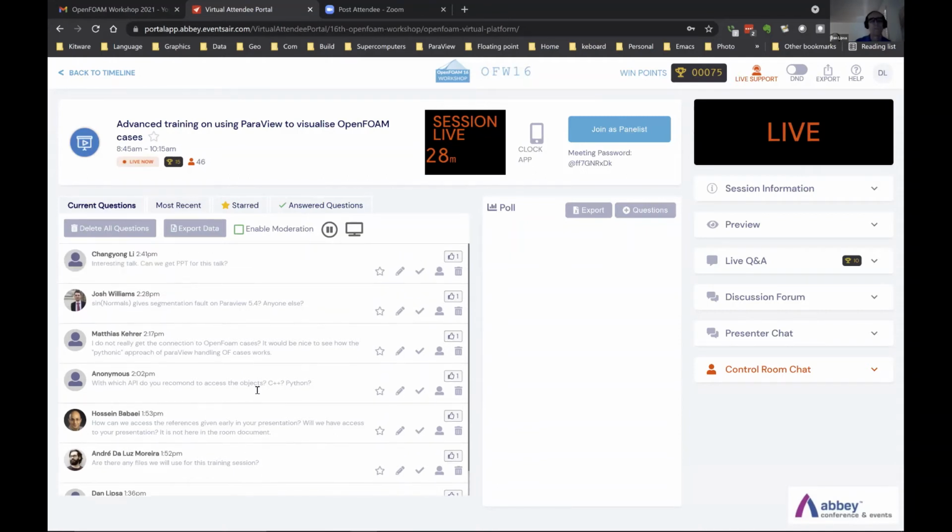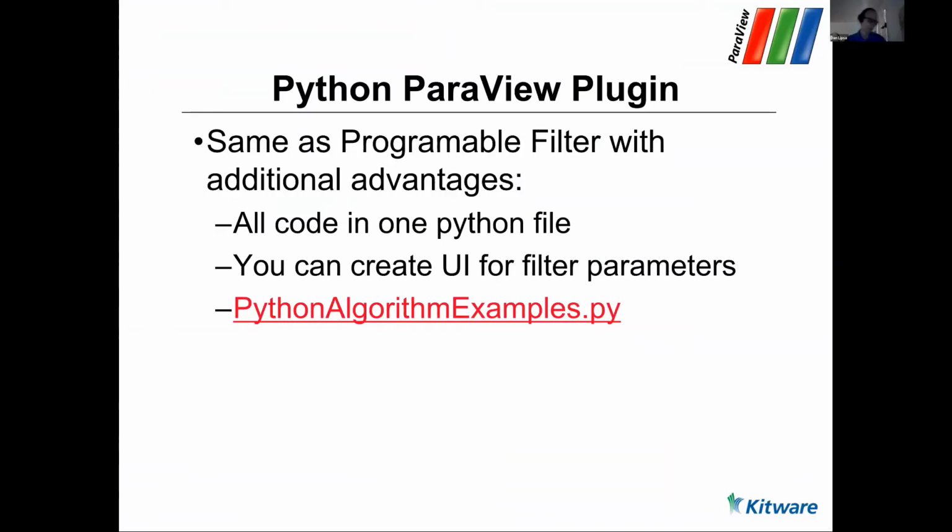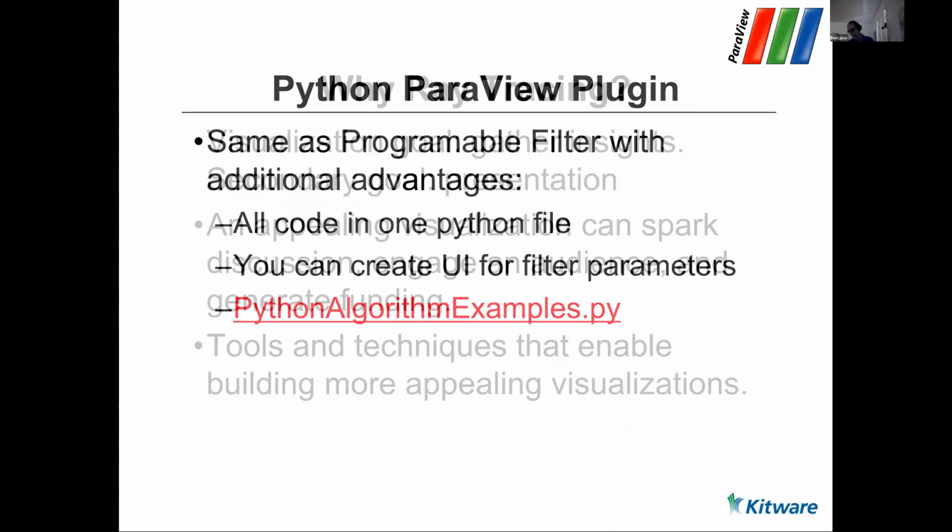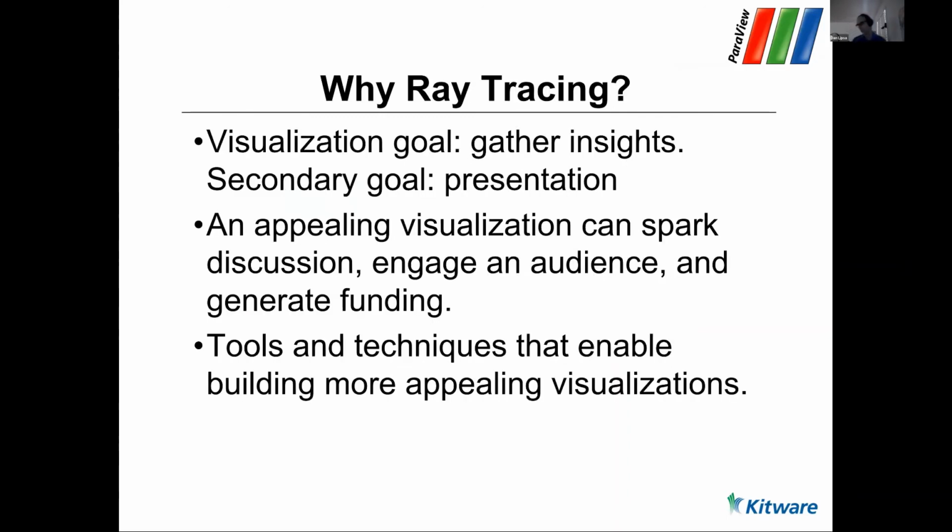Okay, let's go on to the next part. This is completely distinct from the first part, but it's also something that we don't teach that often. This deals with advanced rendering in ParaView. There are two ways to get more advanced rendering: physically based rendering and ray tracing. So why would you want to use those?